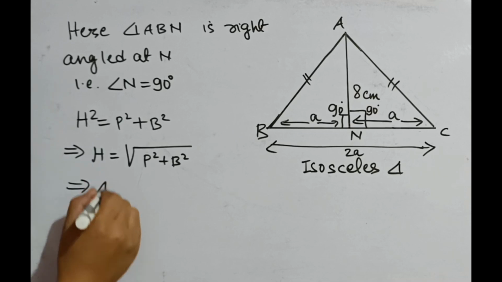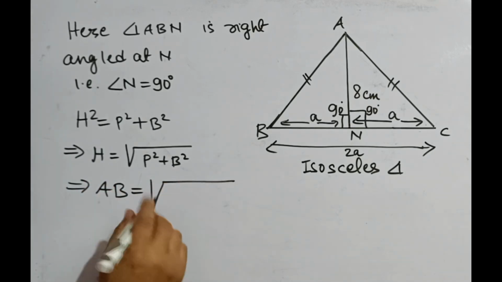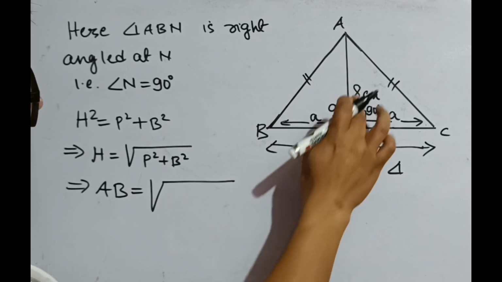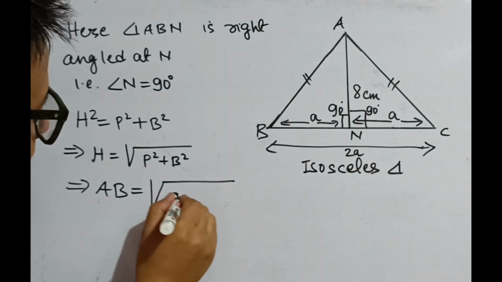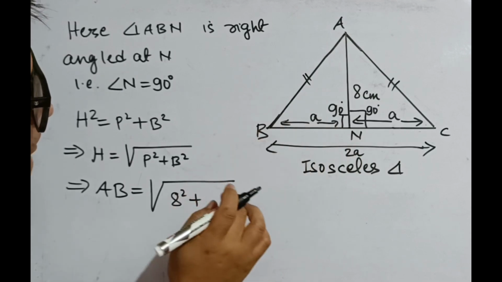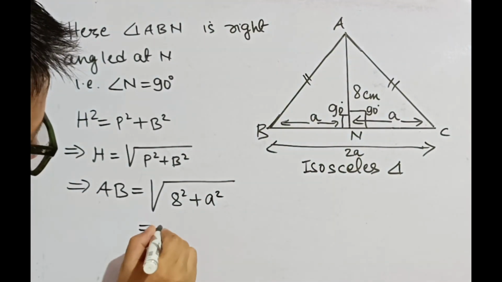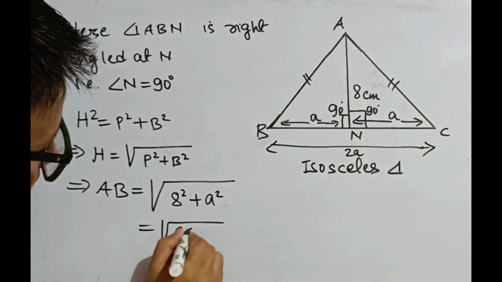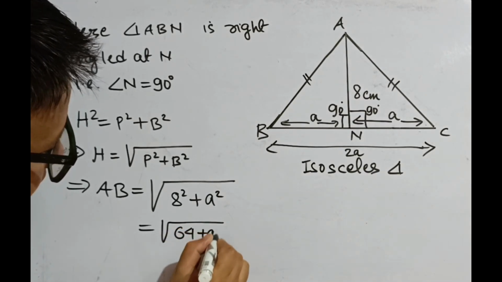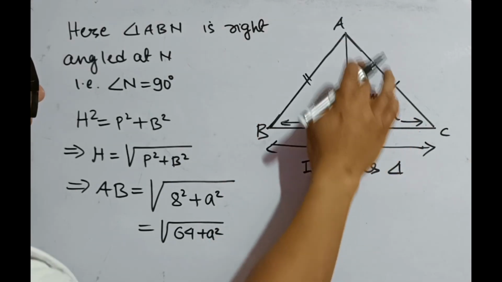So AB is equal to under root of perpendicular AN, which is 8 cm, 8 square, and base BN, which is a. So AB is equal to under root of 8 square, which is 64, plus a square. Therefore, the length of this side AB is under root of 64 plus a square.